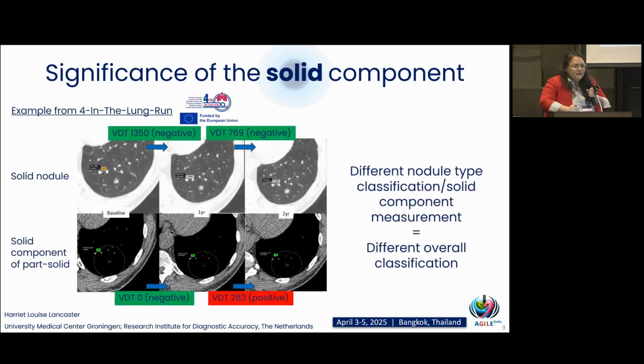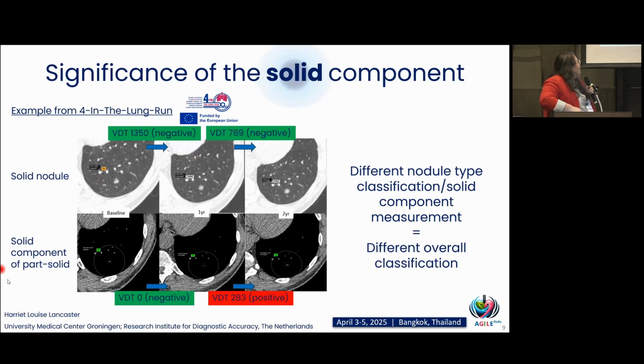I have a couple of examples now, one from Foreign Longer and one from the UKLS, where we can look at what happens if you alter from a solid nodule to a part solid nodule and use a different algorithm: you can end up with a different result. At the top here, you see the classification as a solid nodule, and from baseline to 1 year, and 1 year to 2 years, the VDT was negative throughout.